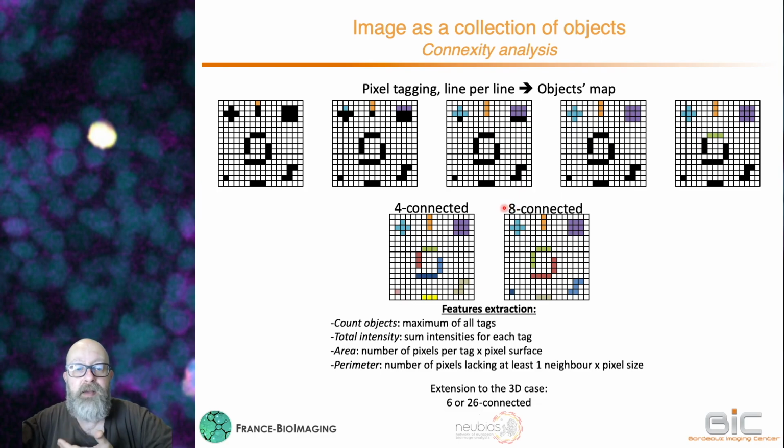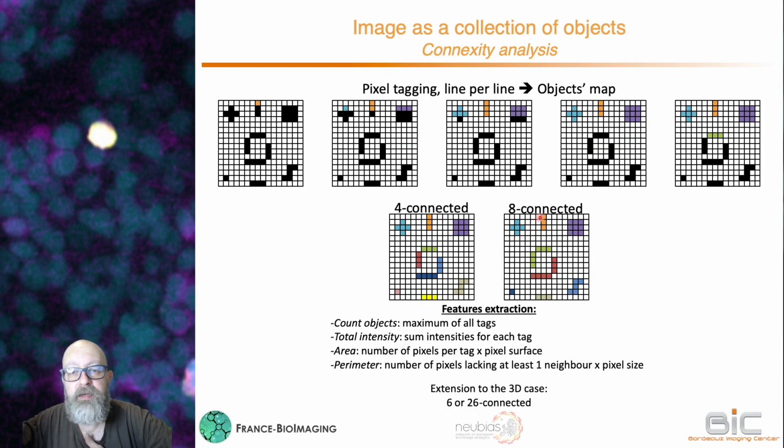This has an impact on how you interpret what an object is, and whether two close objects are connected or the same object or not. Look at this example. Here, the two pixels are connected through one corner, but we are in the 4-connected situation, meaning that it doesn't count, meaning that this will be an object and this will be another object.